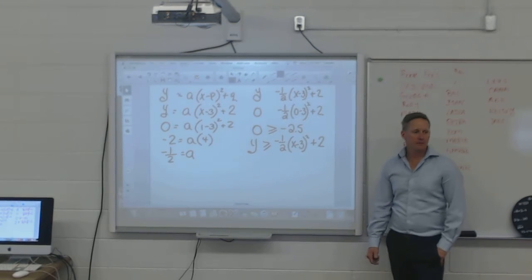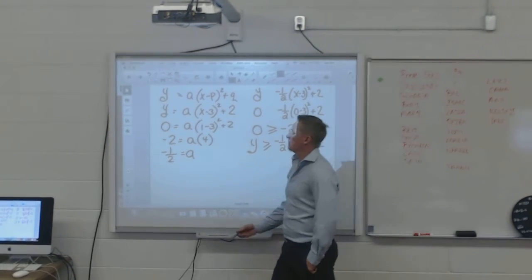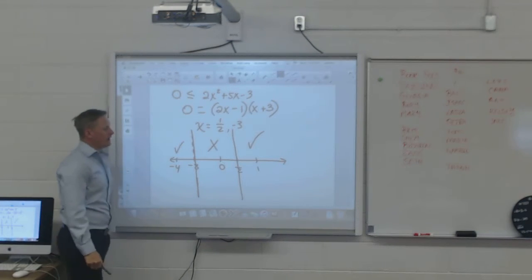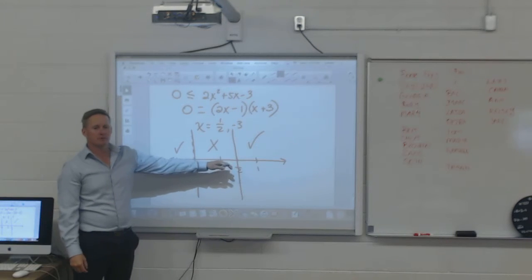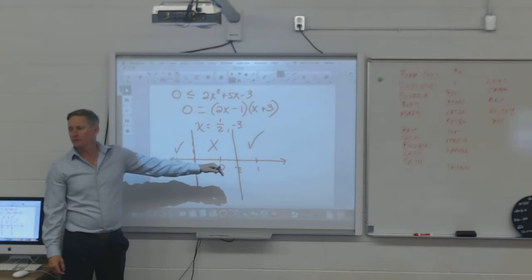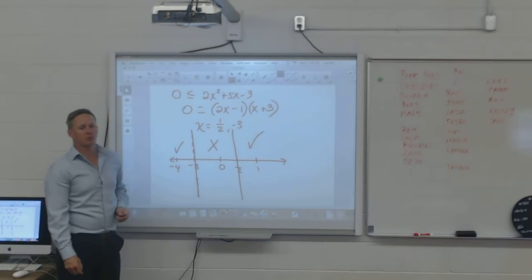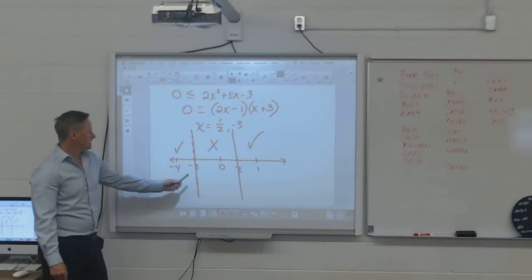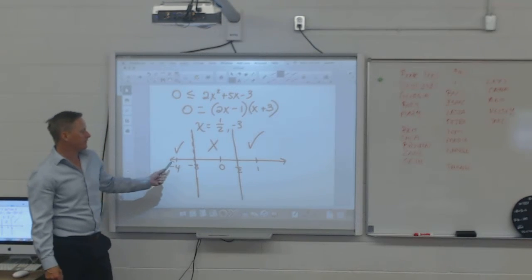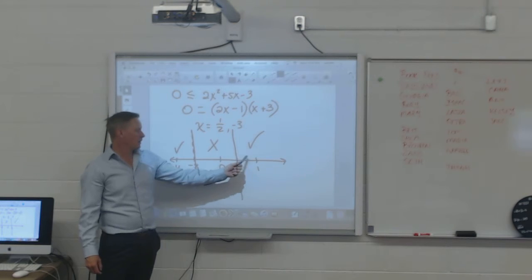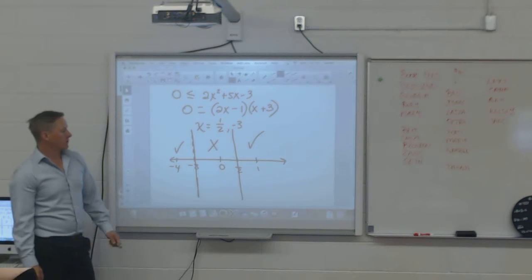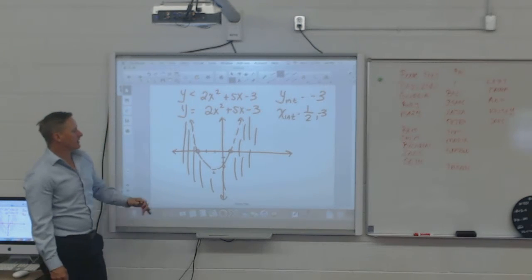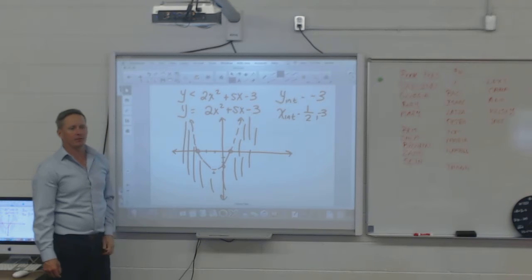All right. Looking back at Friday, I used my roots. I used the number line to find out what the solution was. That means all my values are less than or equal to negative 3, or greater than or equal to 1/2. Then all we do is the exact same thing, except now we're going to actually draw out our parabola.